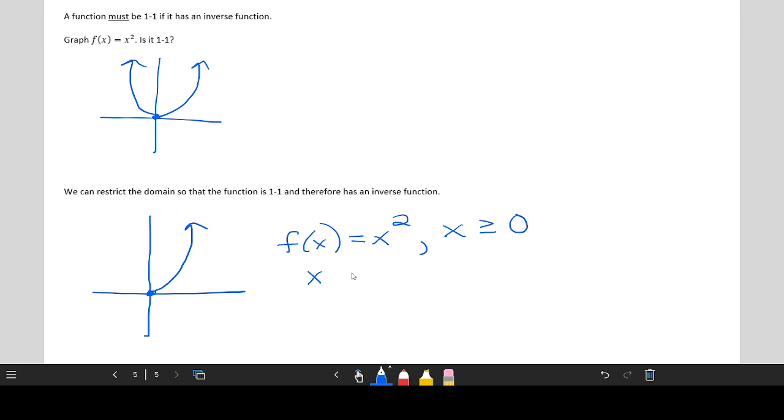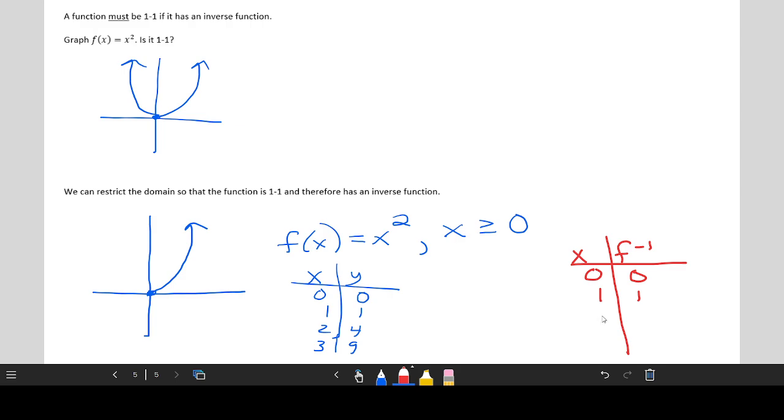Here is the table for what we just graphed. Just listing some of the points there. Now if we want to talk about an inverse, we'll have 0, 0, 1, 1, 4, 2, 9, 3.